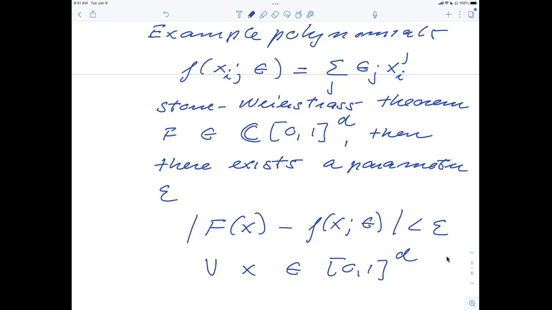You can do the same thing if you look at Fourier series. Then you would find that you have all the L-squared integrable functions, which then allow you to approximate a function with a Fourier series. That's another example of it.